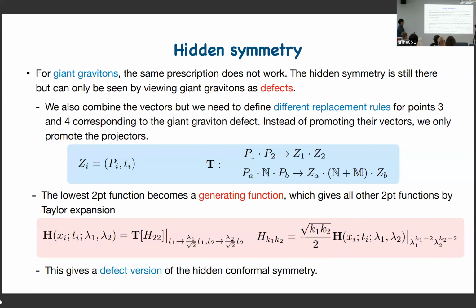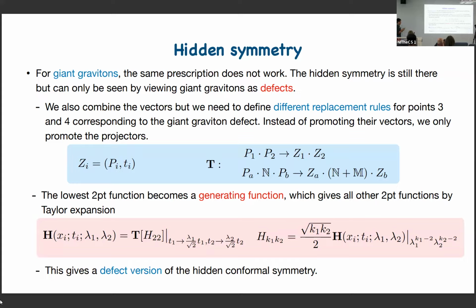What about giant gravitons? If you try to do the exact same manipulation here for the giant graviton 4-point function, you find the prescription does not work. The reason is that when you do this expansion, you will inevitably also change the dimension of these giant graviton operators.